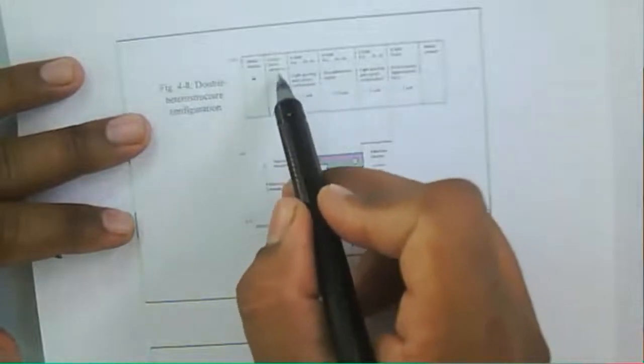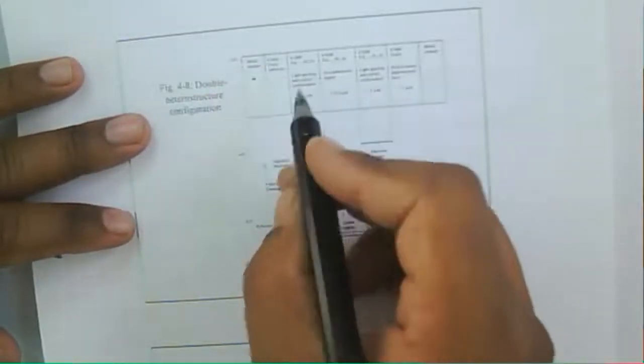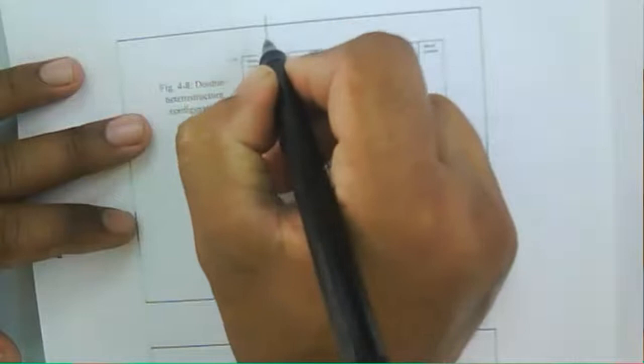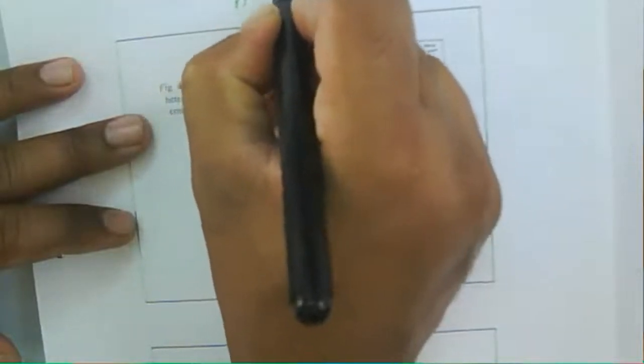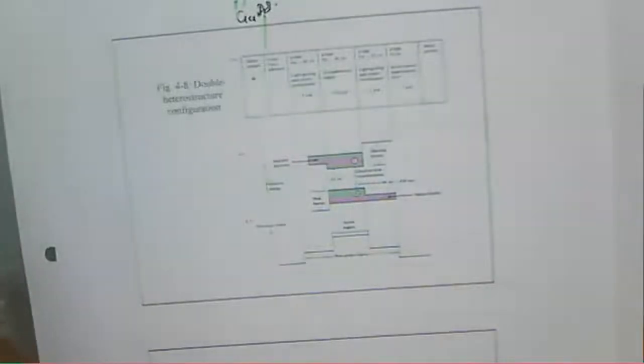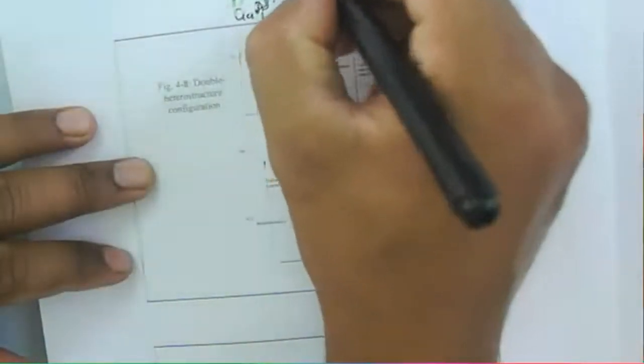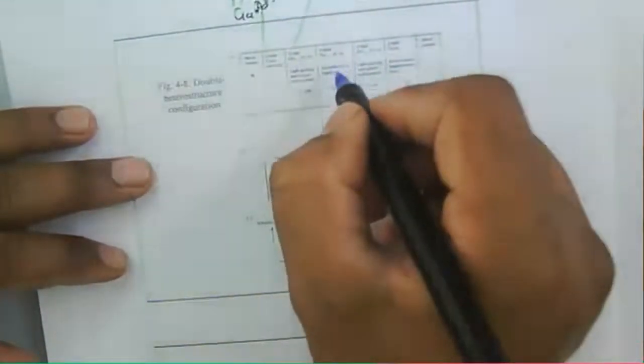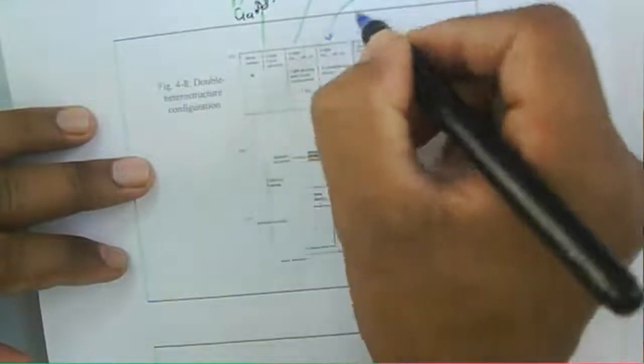Then we have an N-type gallium arsenide substrate. Then this is N-type gallium arsenide, Ga 1 minus x, Al x, As, and this one is the recombination region.